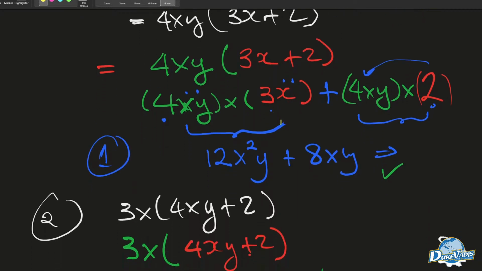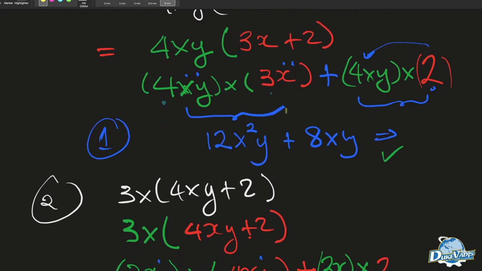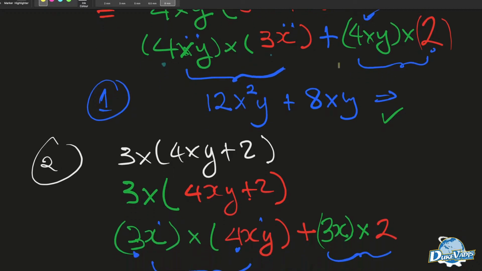And after expansion, we had 4xy multiplying 3x, plus 4xy multiplying 2. Now we know that when we multiply 4xy times 3x, it's all multiplication. So if we have it at the back of our mind that we're multiplying 4 by 3, we are going to get 12.